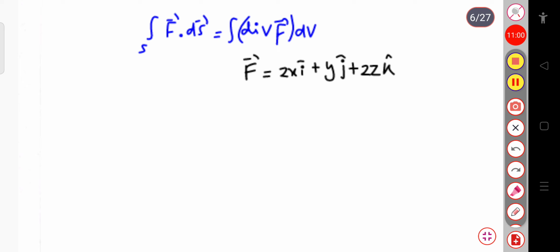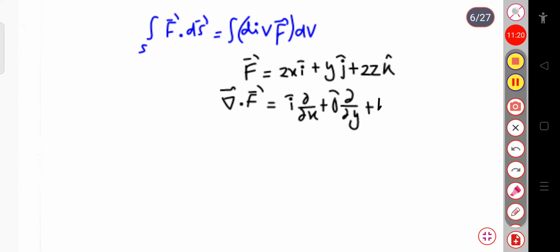Now you have to calculate the divergence. So you know del dot F, the divergence of the vector F, is equal to, for the del operator, i cap dou by dou x plus j cap dou by dou y plus k cap dou by dou z.